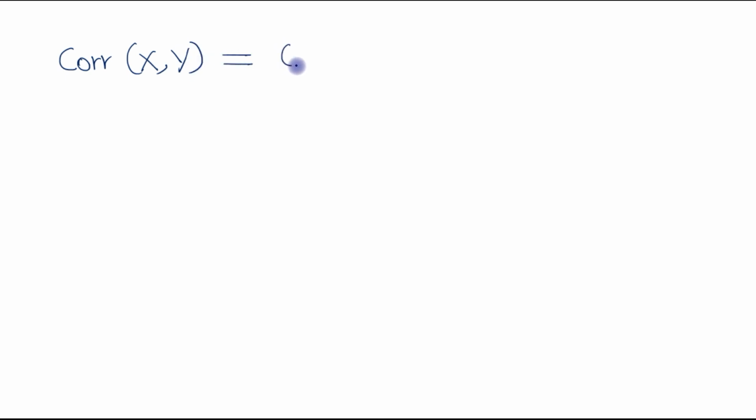It will be covariance between x and y whole upon standard deviation of x times standard deviation of y.